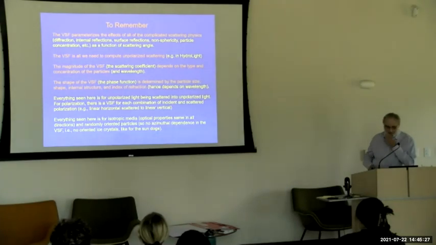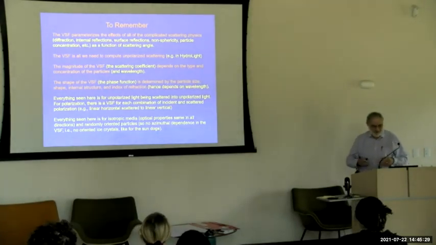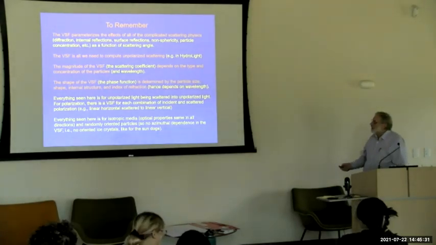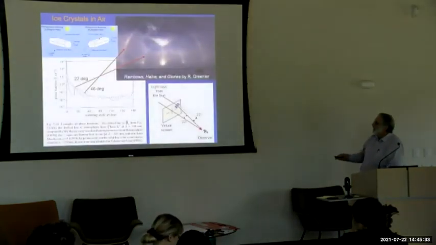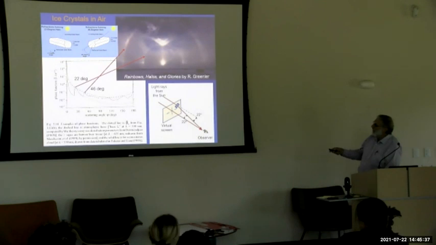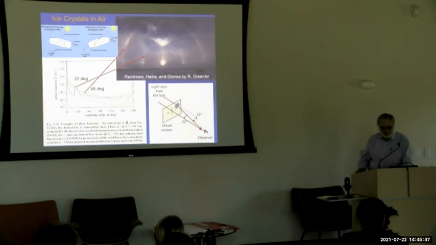Okay, so things to remember is that the volume scattering function, if we go back here, this very highly forward peak, that's really due to diffraction around the ice crystals. And then this is due to light that's going through the ice crystals or being reflected off the surface.